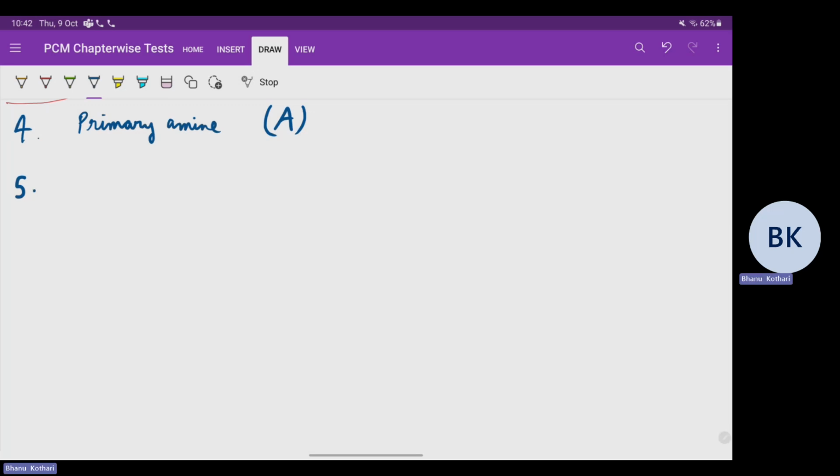Correct order of increasing basicity. So we have to compare the order of increasing basicity of aniline, ammonia, and ethylamine, diethylamine, and triethylamine.